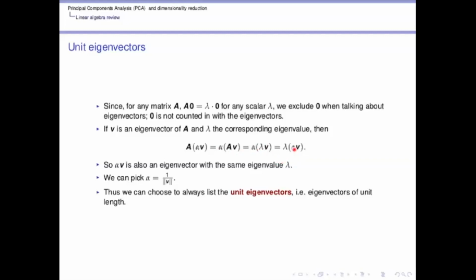The alpha, for now, is a bit surprising. It even got me confused. But this emphasizes basically that if V is an eigenvector, then any scalar multiple of V is also an eigenvector.